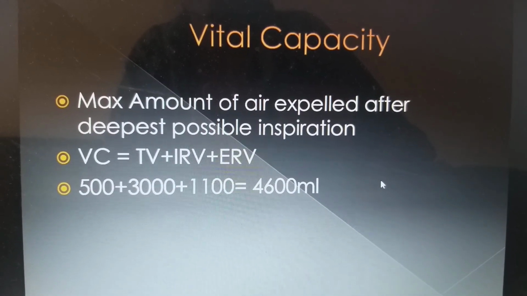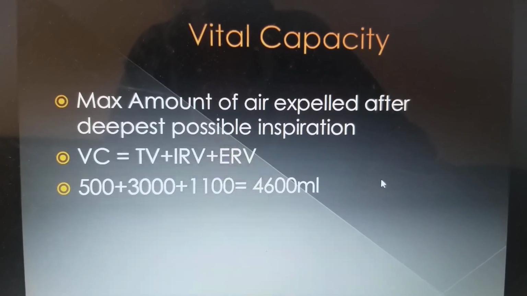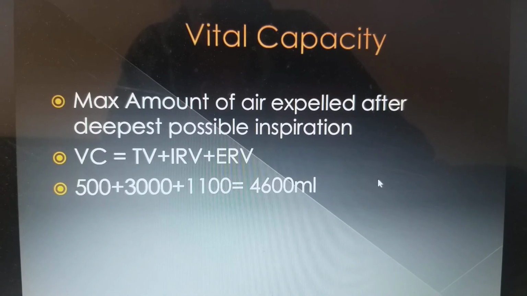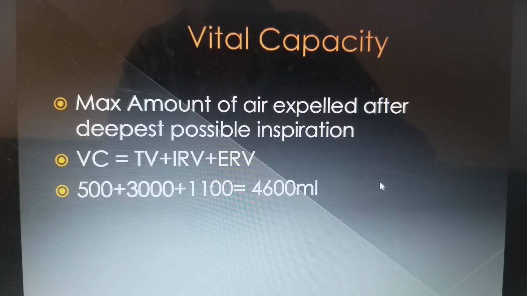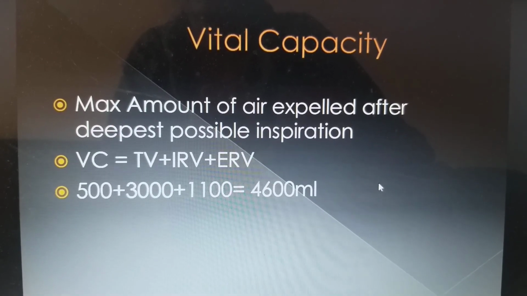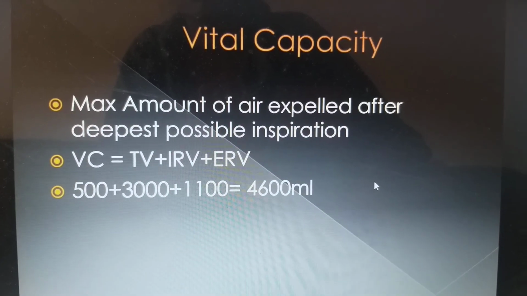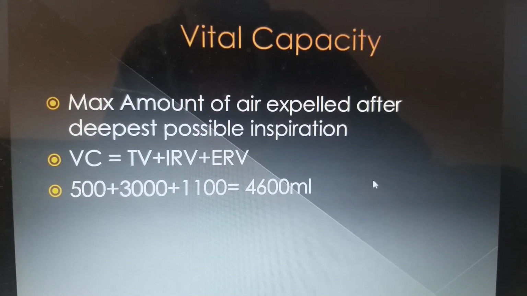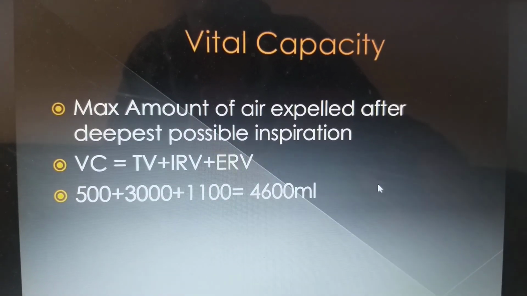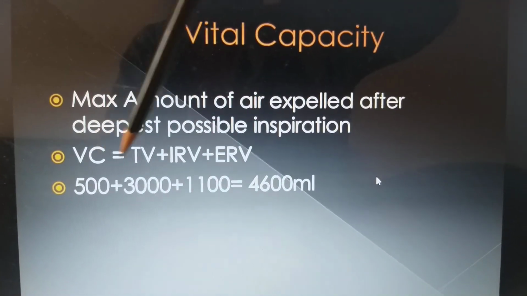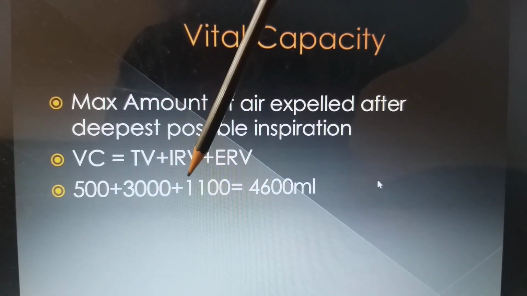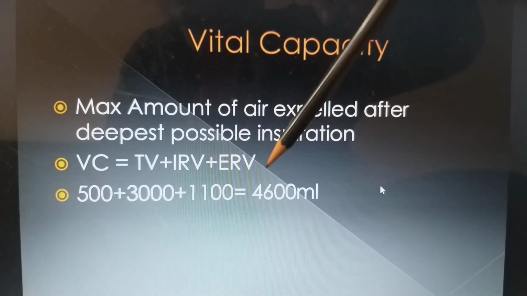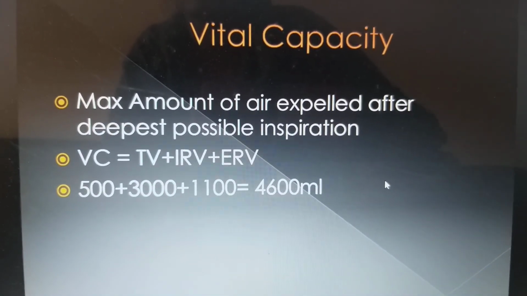Coming to the next, vital capacity: the most amount of air expelled after the deepest possible inspiration. So vital capacity is equal to tidal volume plus inspiratory reserve volume plus expiratory reserve volume. That is 500, 3000 ml and 1100 ml. So totally it is 4600 ml, the vital capacity.